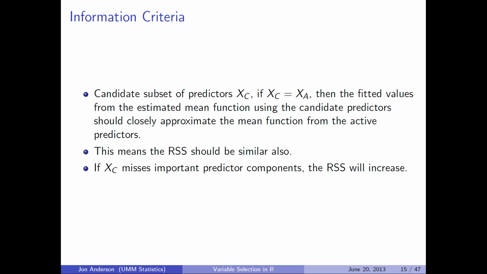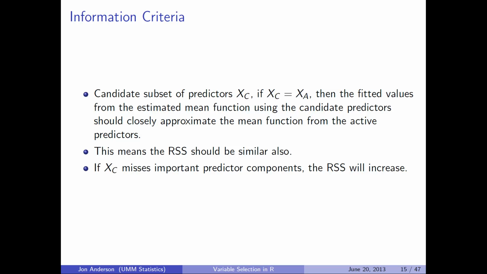Now we move on to ways of picking and choosing active and inactive predictors. Let's first consider a subset of predictors, XC, with subscript C for candidate subset.